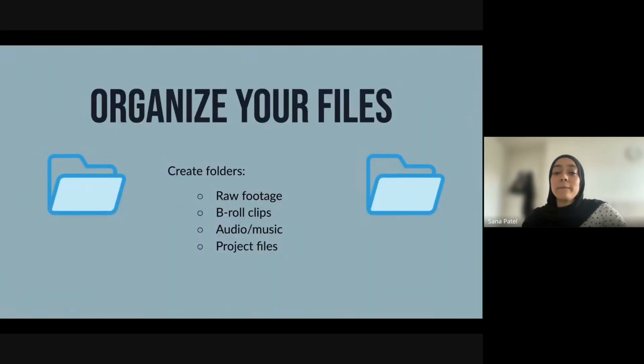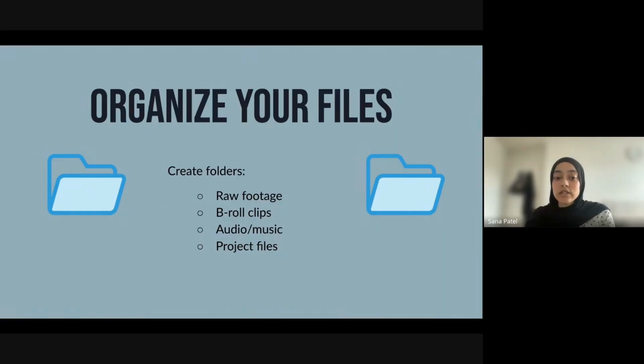So one of the biggest mistakes you can make is not organizing your files. I'm talking about this from experience. So before you start, I personally like to create folders. So I'll have one folder for the raw footage, another for B-roll clips that I like to use, another one for music or audio, and then you put all those mini folders into one big project file.